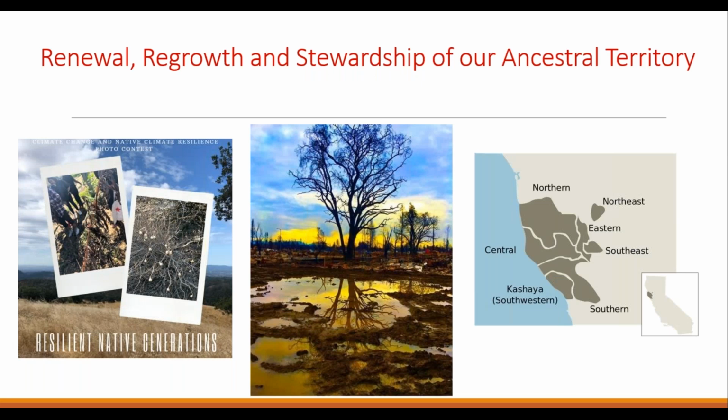So we really wanted to focus on how we can create a resiliency center, do more direct services, and make sure that there's more equitable distribution of aid during a crisis. And one of the issues with fires is that our cultural educators don't necessarily think fire is a bad thing. Not the way that the wildfires happen, but since time immemorial, our people have always done controlled burns as a way of stewarding our ancestral territory.